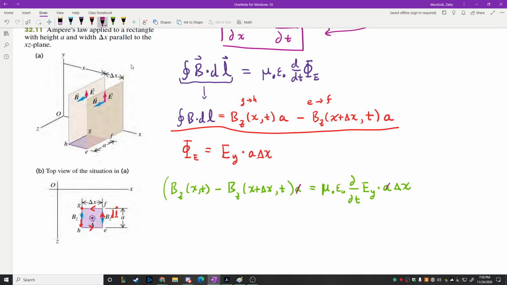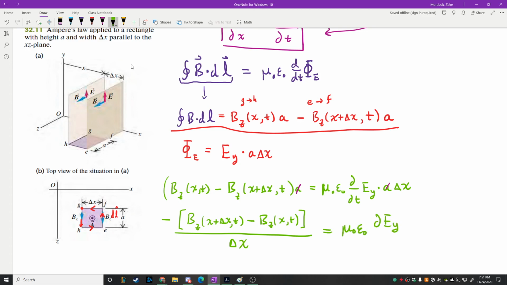We'll move the delta x to the left-hand side and rearrange it just a little bit. So we're going to write BZ of x plus delta x, comma t, minus BZ of x and t, except now we're going to pull a negative sign out of this whole thing. We're going to divide by delta x and say that's equal to mu naught epsilon naught times the partial derivative of EY with respect to time.